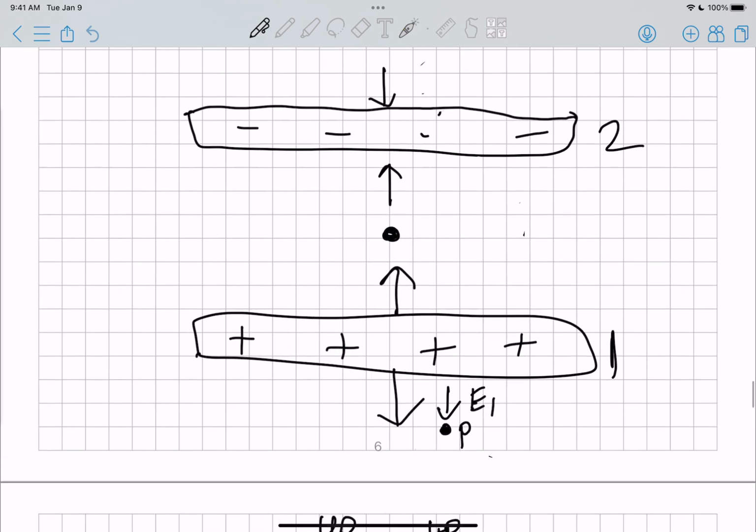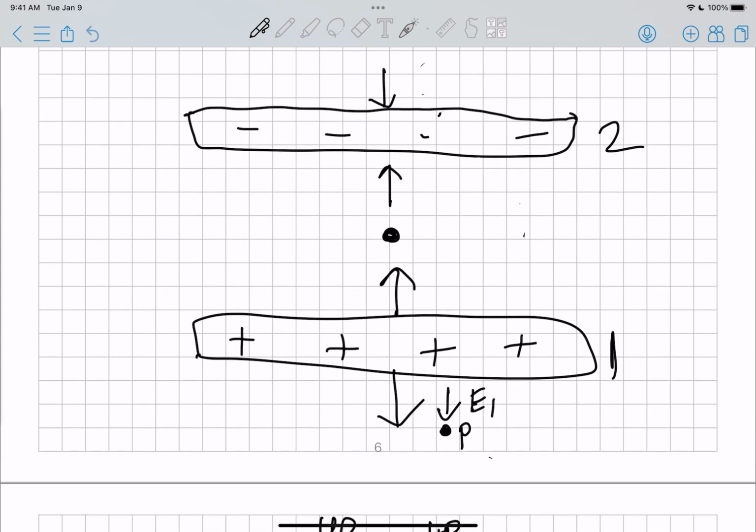In this case, the positive test charge at point P would be feeling an electric field upwards from E1 and upwards from E2. So it's getting repelled from that positive sheet below and attracted to the negative sheet above. So the net force would technically just be upwards at that point. So that's the idea.